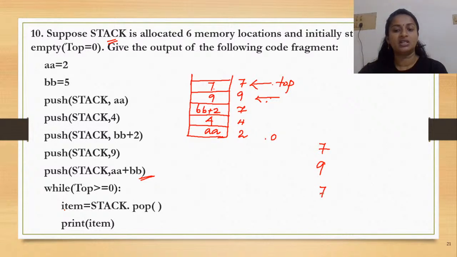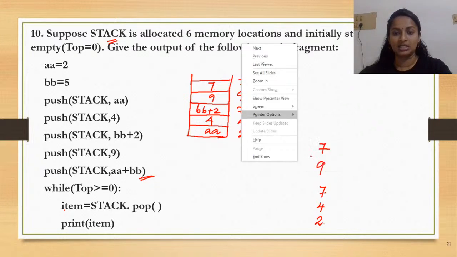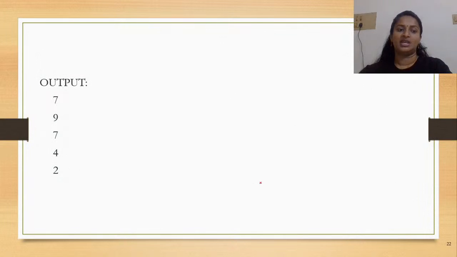Later 7, then 4 and followed by 2, because I have given that top should be greater than or equal to 0, right? So all the values that are in the stack would be popped and then printed on the screen. Let's see if this is the output. Yes, see, this is the output that we get.